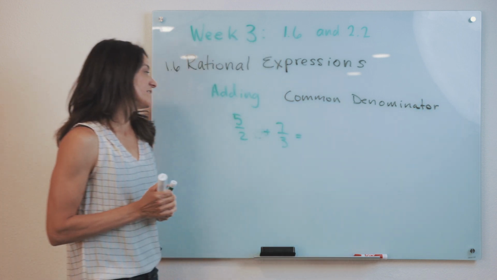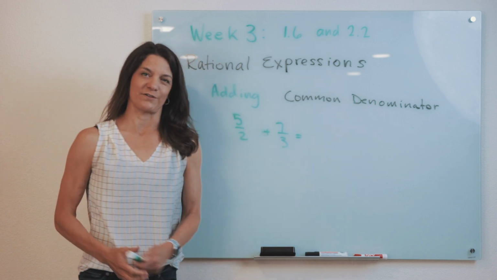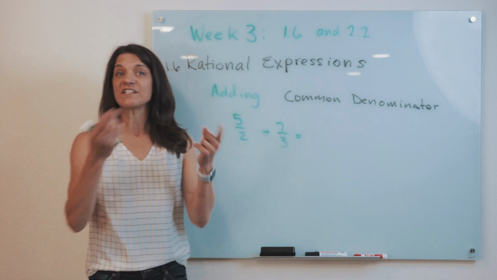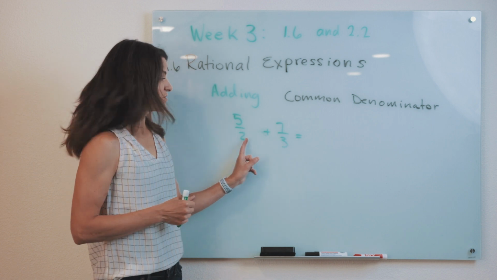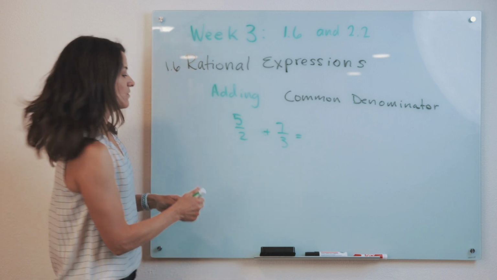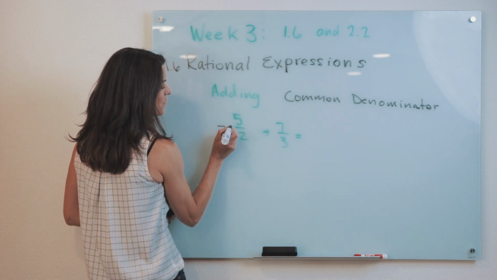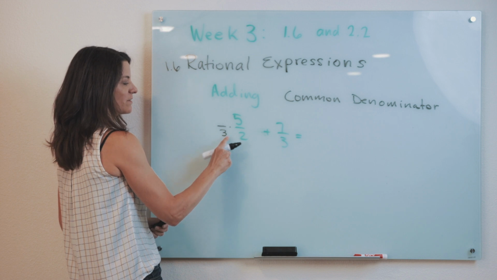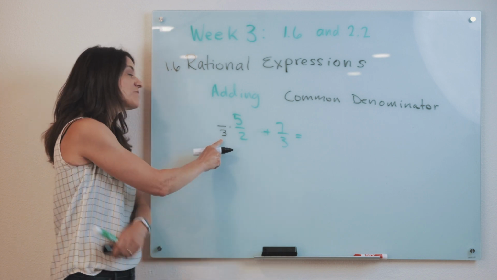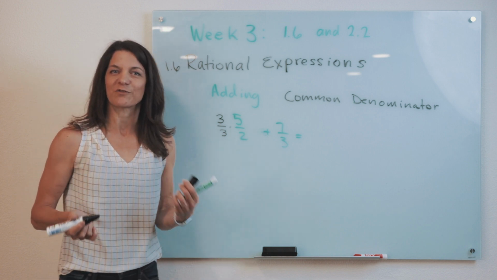We don't have that with these two fractions. We have a denominator of 2 and we have a denominator of 3. So they need to share those factors of 2 and 3. This one does not have the 3, so we are going to give it a 3 by multiplying that denominator of 2 by 3. Now, if we do that, we have got to balance it out by multiplying the numerator by 3 as well.